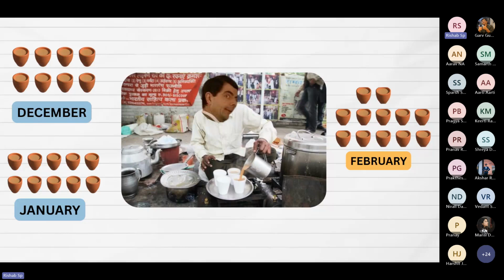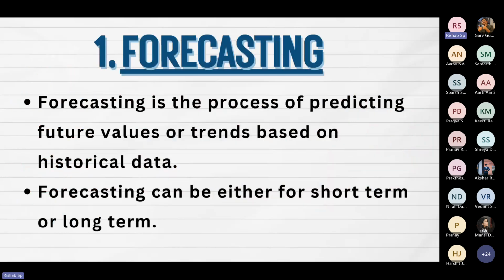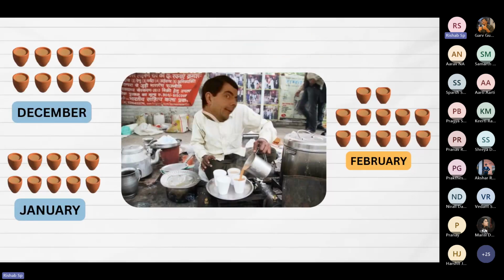This is forecasting. Forecasting is basically predicting future values based on historical data. Here we have the sales data, and using that, he made a prediction. This prediction can be made in 2 ways. He predicted the data for February.